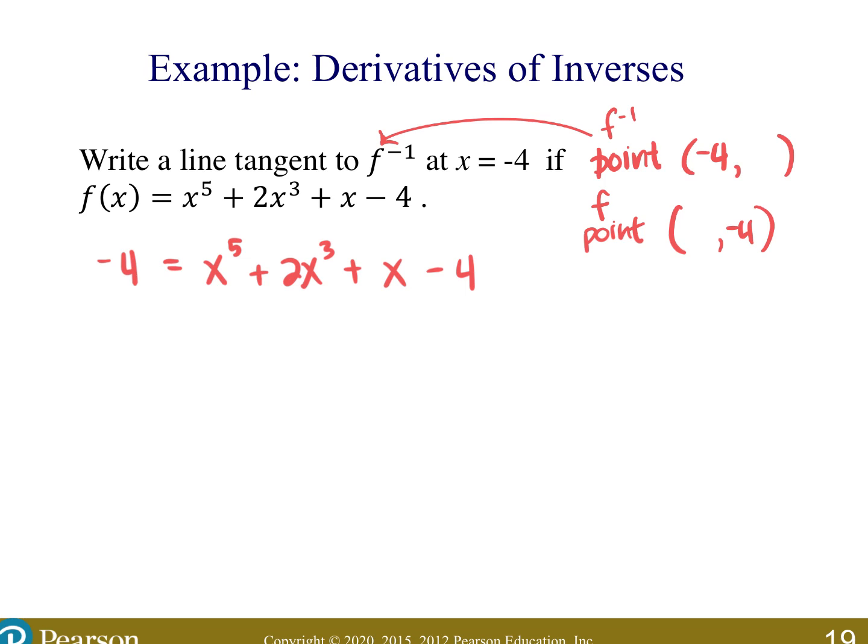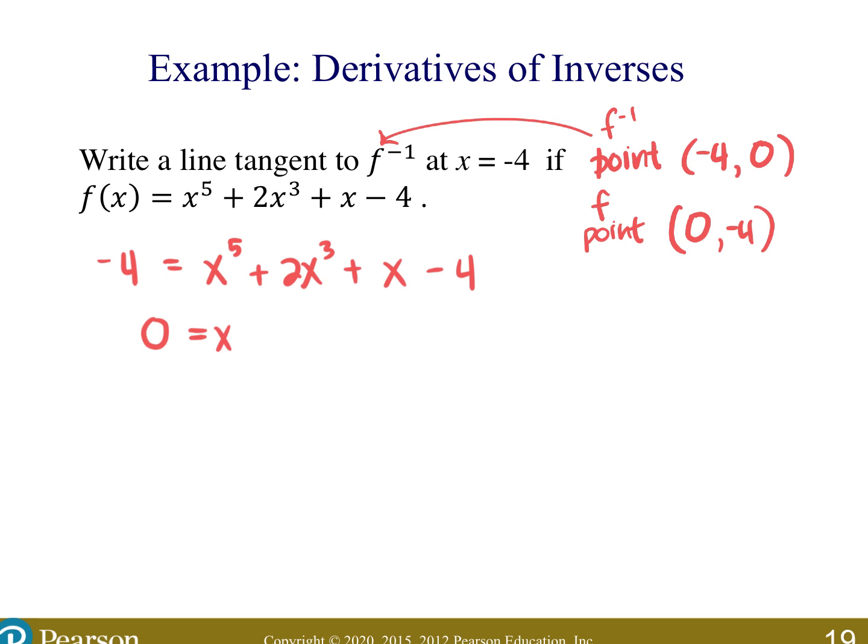If we've got -4 at the end and -4 at the beginning, then the x that will work is going to be 0. So now we know what our corresponding point is. Now we need to find our slope.